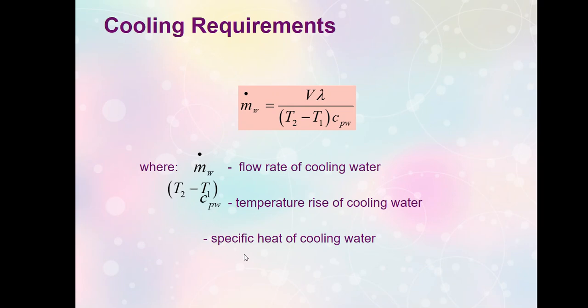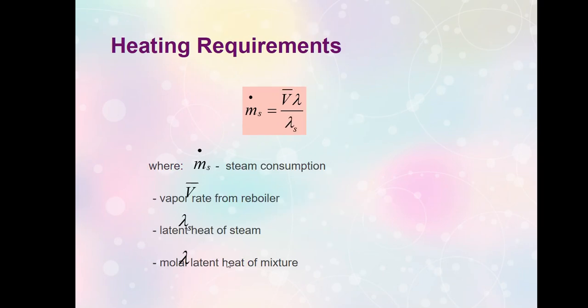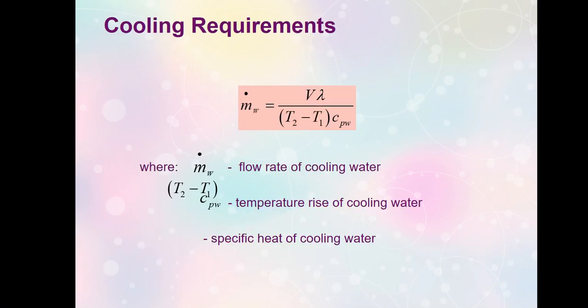This is for the specific heat of water, and that would be for the molar rate of cooling water. Again, this lambda is the same lambda that was mentioned here, which is the molar latent heat of your mixture. Okay? These two formulas are, I'm sure, from McCabe. So again, look for its equivalent in your handbook.